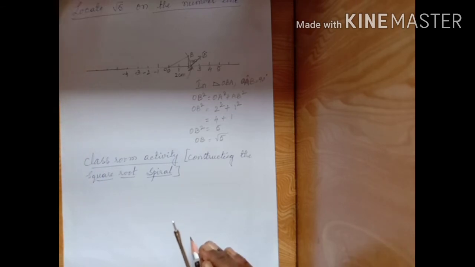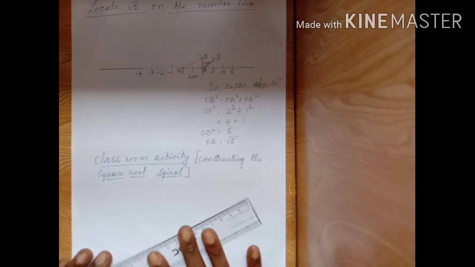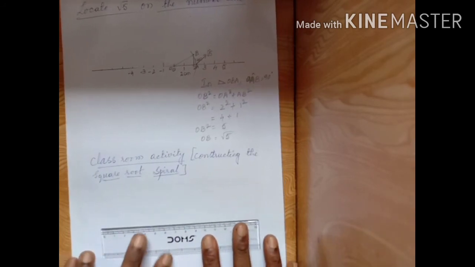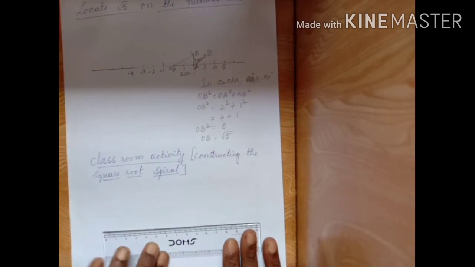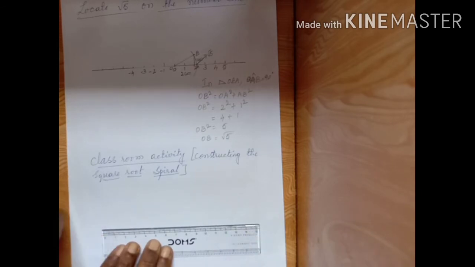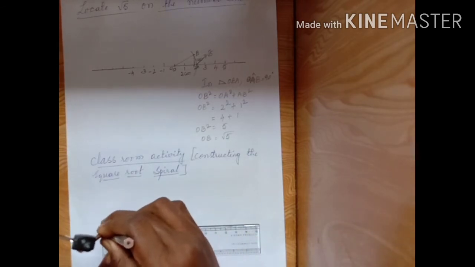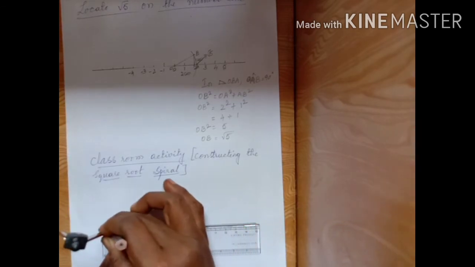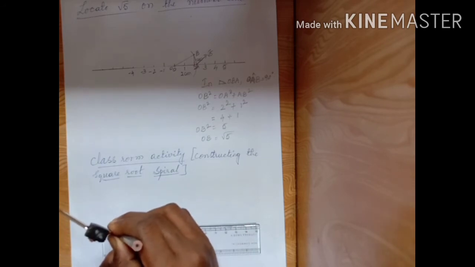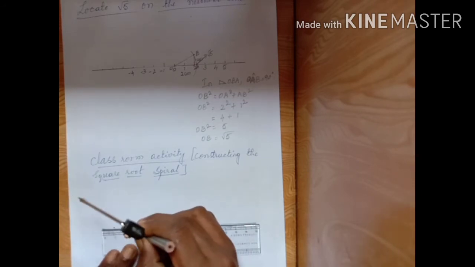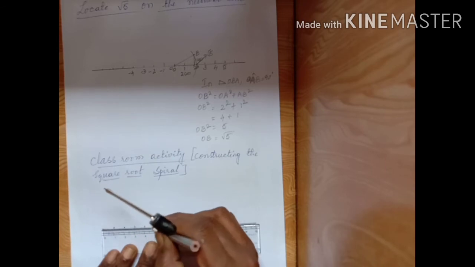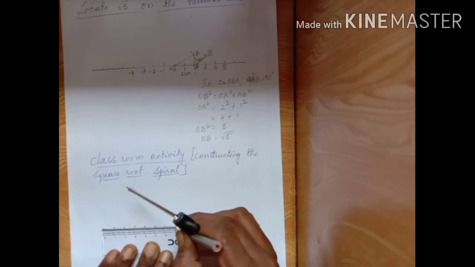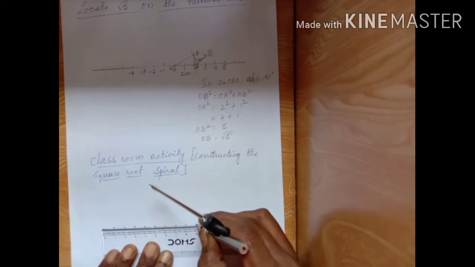Now let me draw what we have to draw, the number line. Children, you all know now. Draw the number line like this, and we have to mark 1 2 3 4 5 6 7 8 9 like this.